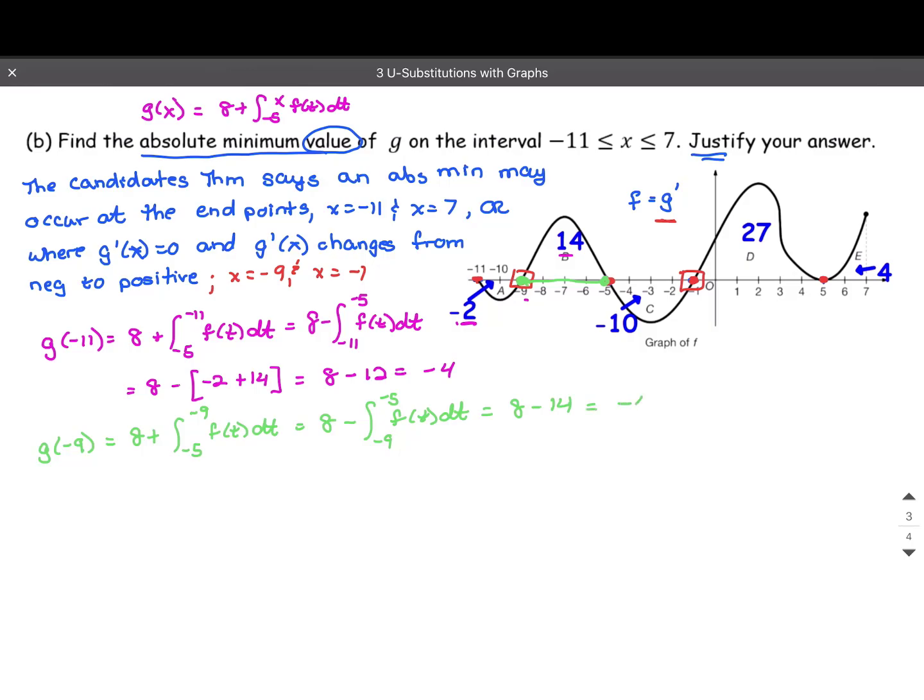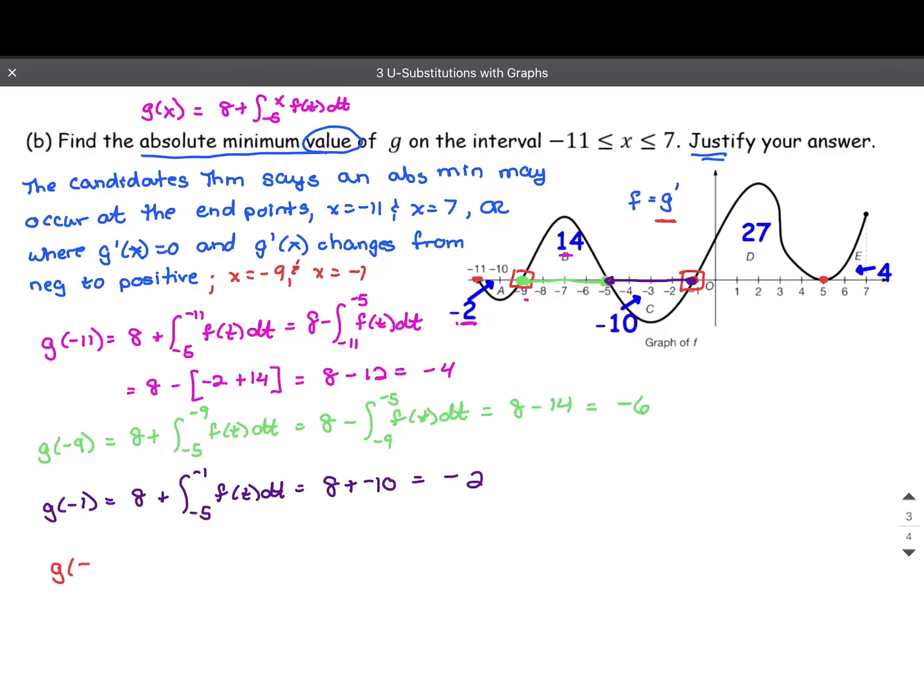So we subtract, we get -6. Next up, we're going to do g of -1. That's 8 plus the integral from -5 to -1 of f of t dt. From -5 to -1, we're in this region C, which is below the x-axis, so that integral is a -10. That adds to -2.